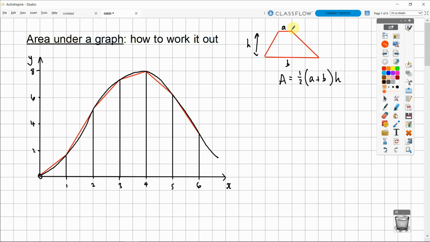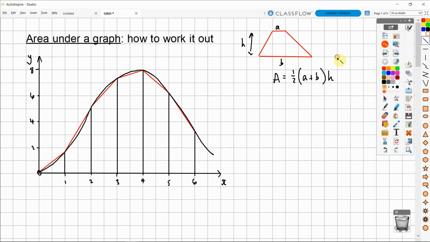The only thing is, this does not look like these trapezia here. So perhaps it would actually be helpful to redraw our trapezium, put it on its side. Let's make one of the sides horizontal.